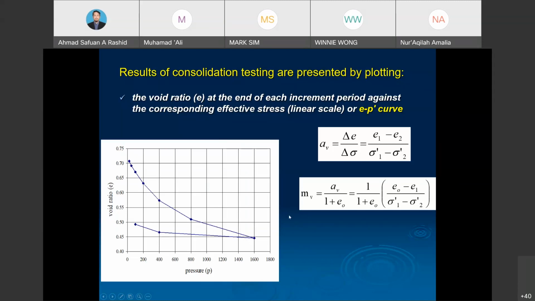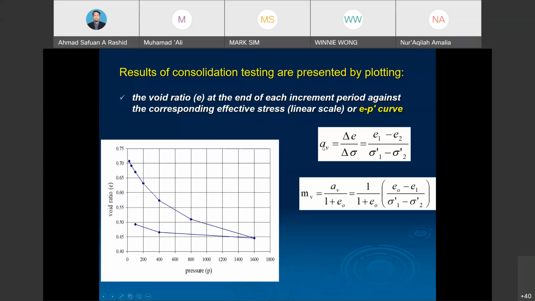In order to gain the value of mv, which we call the coefficient of volume compressibility, we need to get the value of av. The value of av is actually the gradient of the first curve, continuing with another gradient of the second curve. This means that for the e-p curve, we may have two mv values.